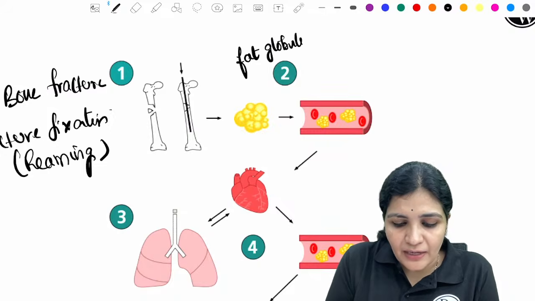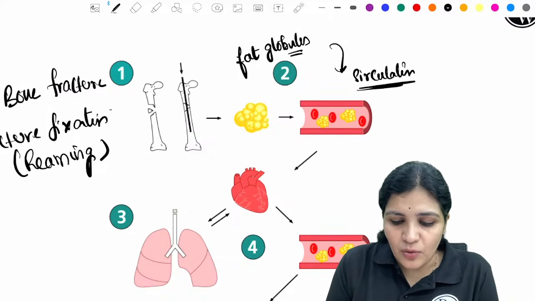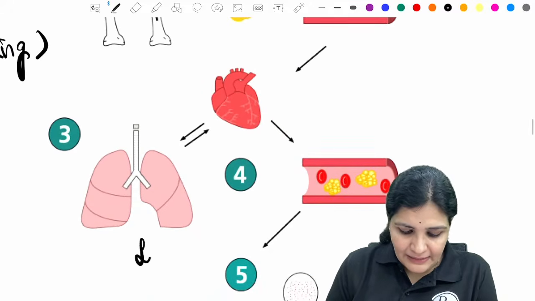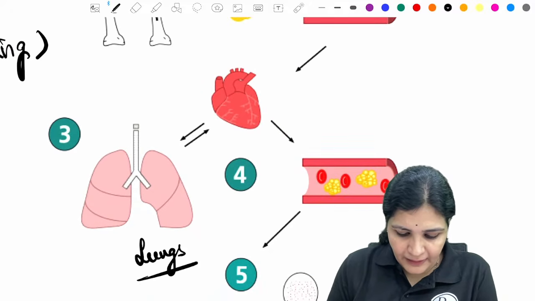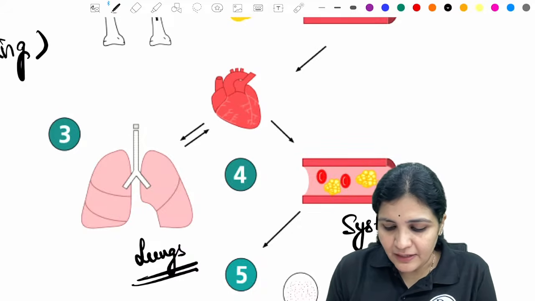These fat globules go into the circulation, and once they enter the venous circulation, they can enter the lungs directly, or they can enter the systemic circulation.